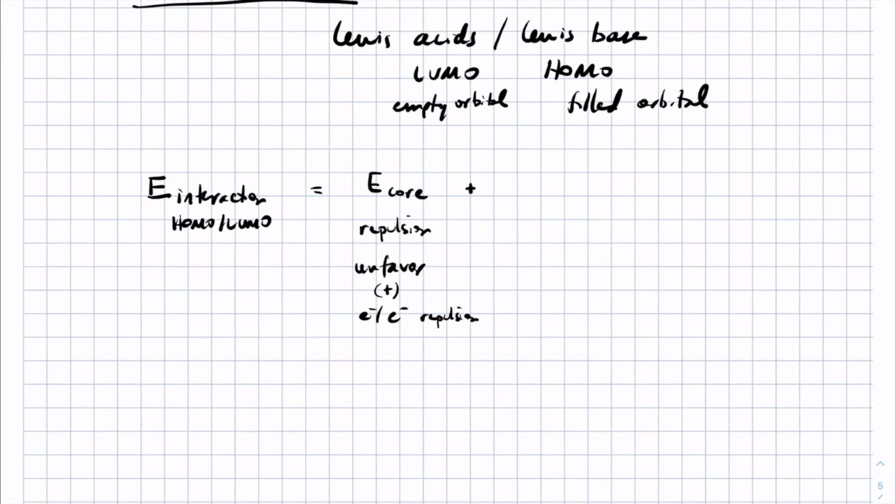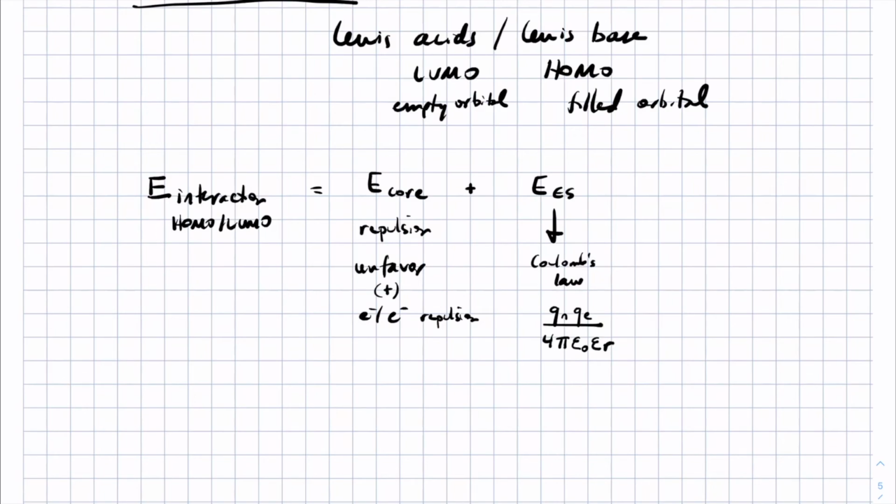On the other hand, you have an electrostatic energy that comes from Coulomb's law, and that energy is equal to the charge on your nucleophile times the charge on your electrophile divided by 4 pi times the permittivity of a vacuum times the dielectric constant times the separation between the two.